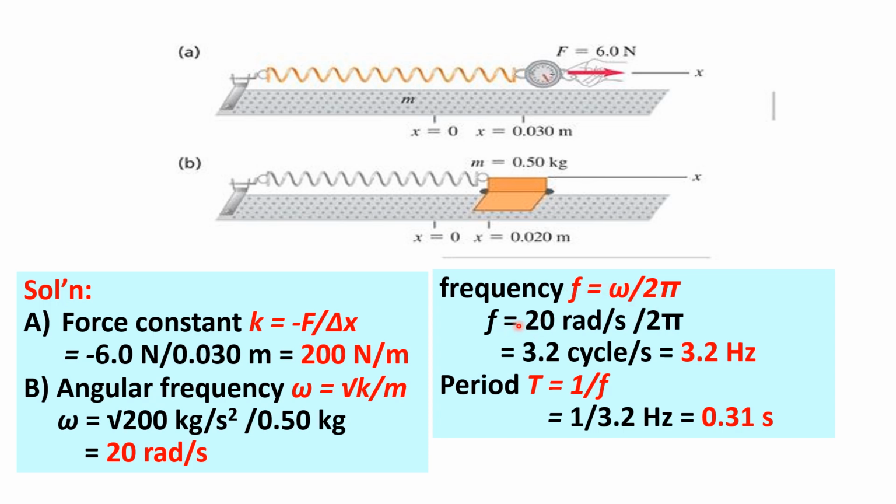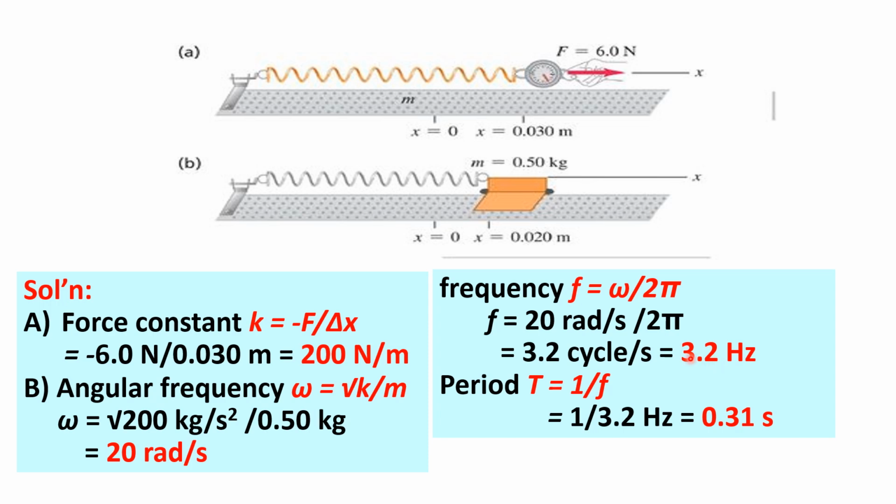Since we already know omega, 20 rad per second, we divide it by 2 pi. With the help of your calculator, we get the frequency f equals 3.2 cycles per second, or 3.2 vibrations per second, which in the SI system is the same as hertz.